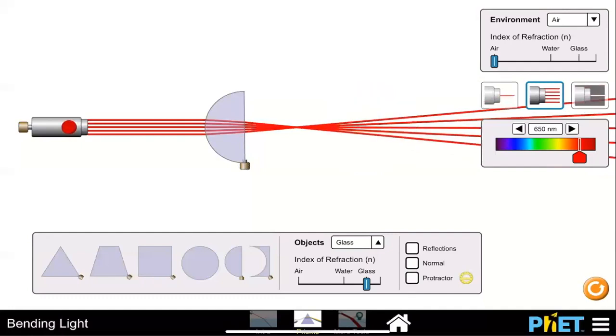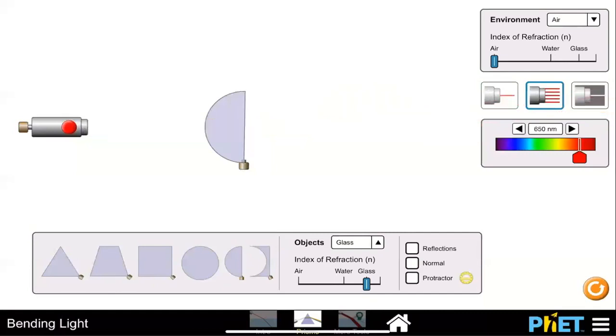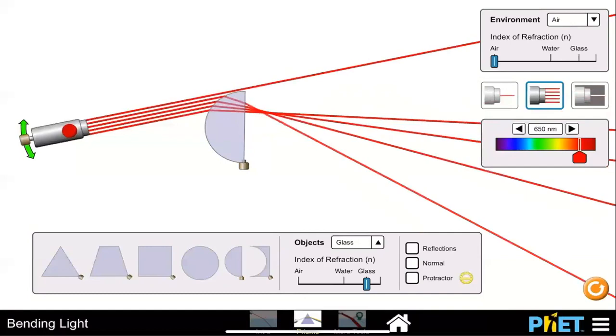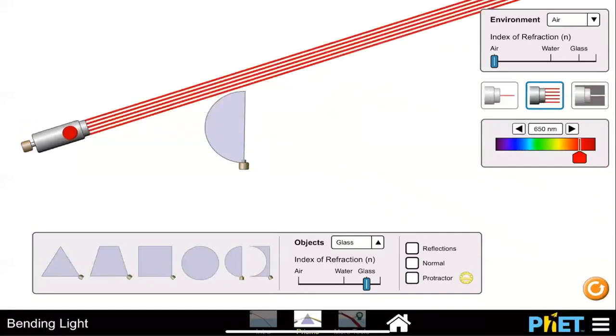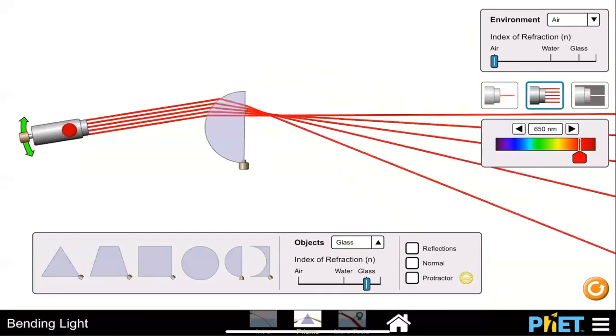An example of this kind of lens is the magnifying lens. Wherever we place the source of light, it will still converge all light rays to a common point.